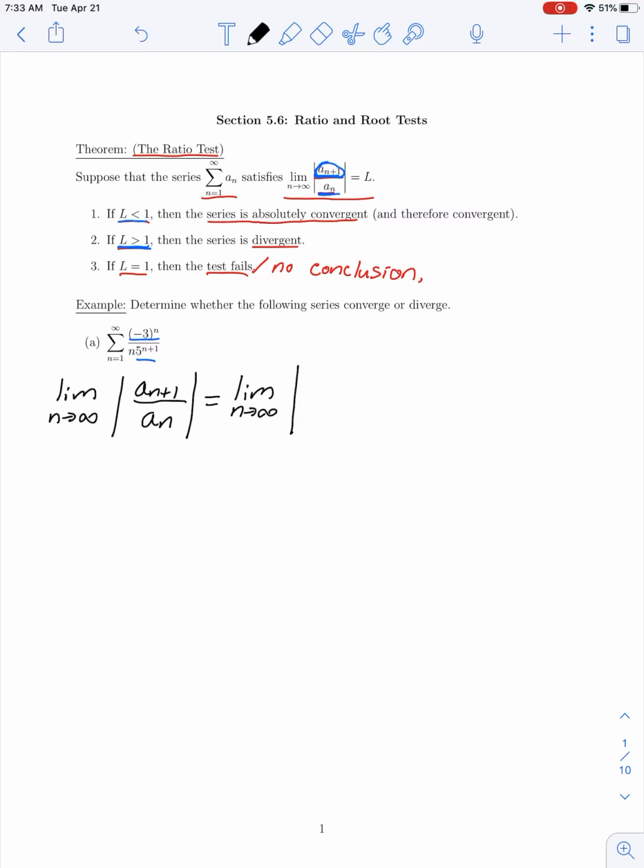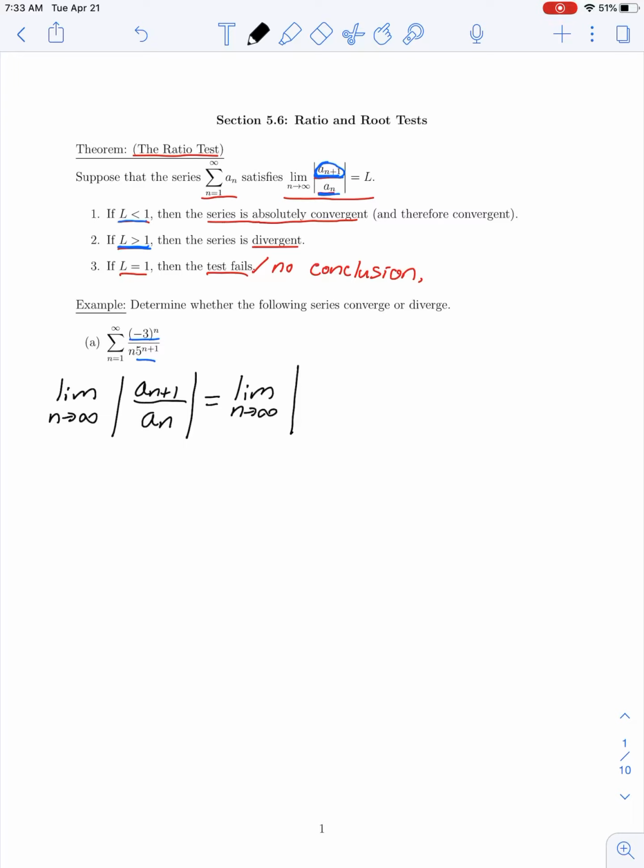That's what we get when we take this general term of our series and replace all of the n's by n plus 1's. So here we would have -3 to the n plus 1 power divided by n plus 1 times 5 to the n plus 2 power. And then we're supposed to divide by a sub n. That is the general term of our series.